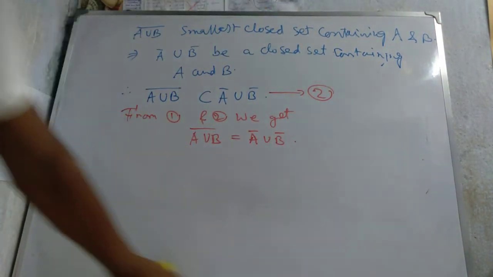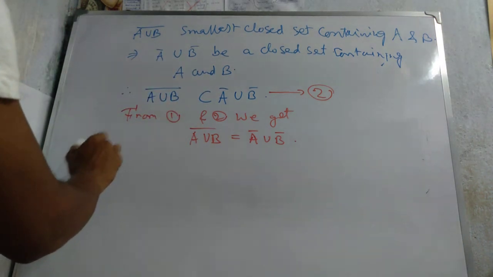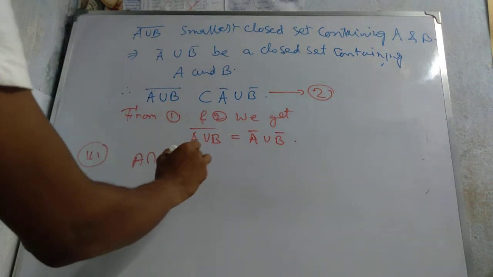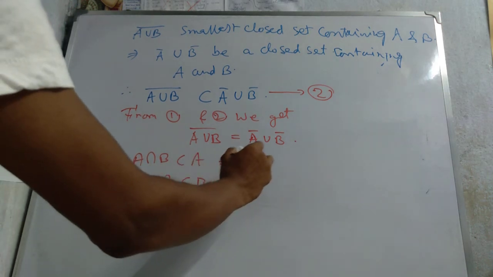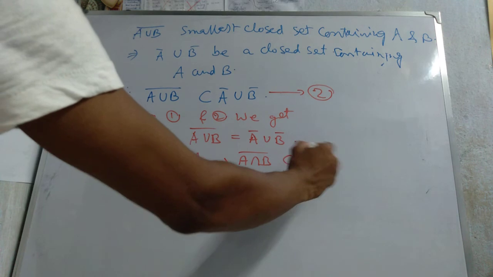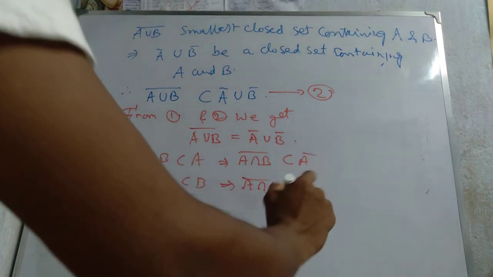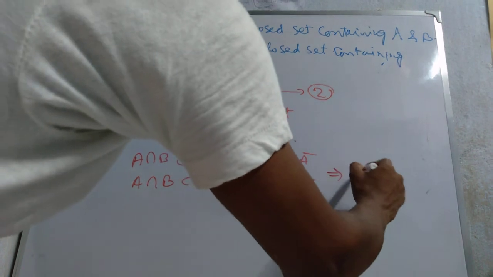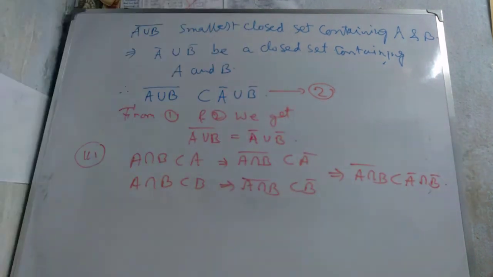This one is too easy. We know that A intersection B is a subset of A and a subset of B. This implies the closure of A intersection B is a subset of the closure of A, and a subset of the closure of B. This implies the closure of A intersection B is a subset of the closure of A intersection the closure of B.